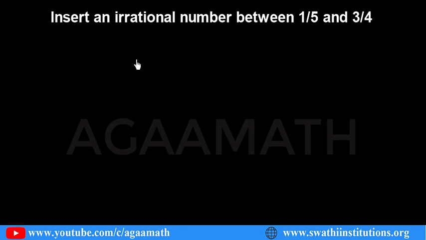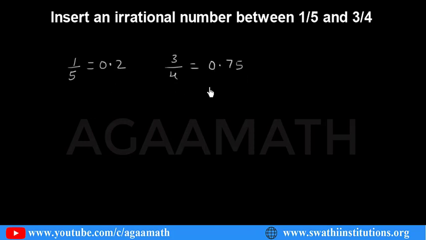So first of all, what you have to do is convert 1/5 into a decimal number. 1/5 as a decimal is 0.2. And the decimal number for 3/4 is 0.75.